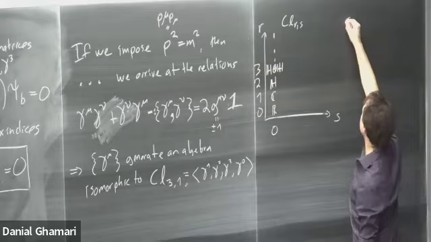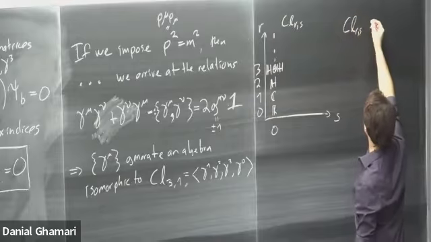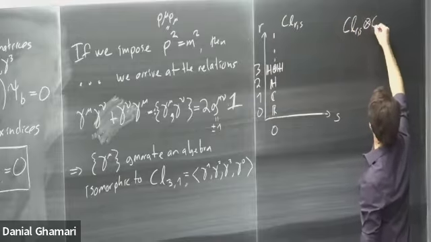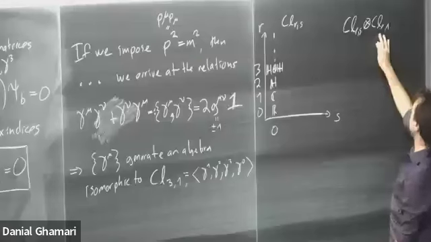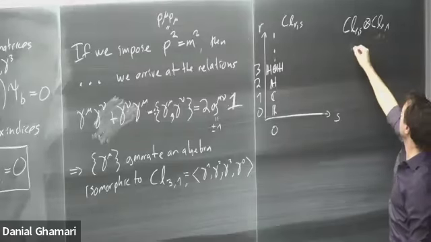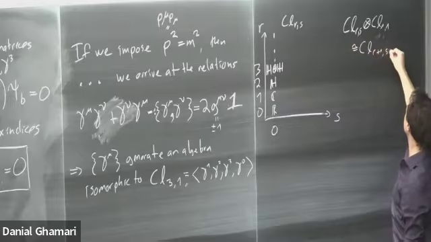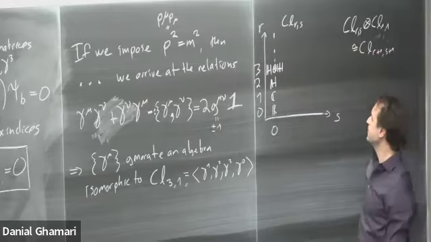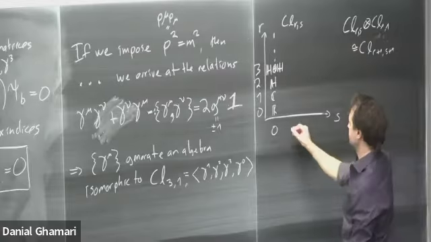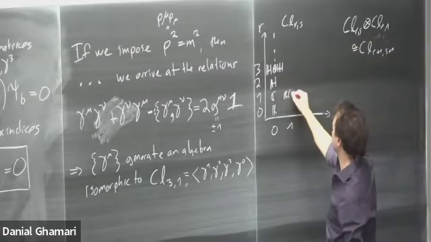We also had an isomorphism: tensoring with the algebra CL1,1 has the effect of adding 1 to both of your parameters, and CL1,1 is a copy of R2.